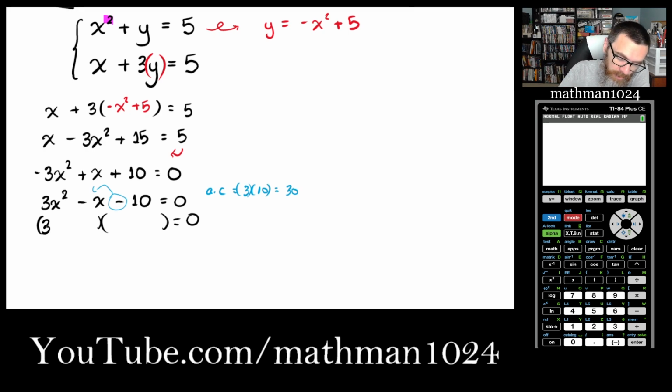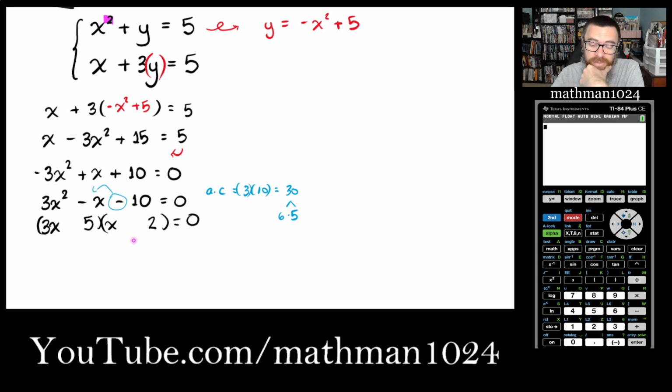Well, 3x squared can only be 3x and x. And again, we're saying that we're going to use 6 and 5 here. Well, if I've got the 3, the only thing that I can make with the 3 is going to be the 6. So on the outside, we need the factor of 2. And then on the inside, we need the remaining factor of 5. So you can see here, you get a 5x and a 6x.